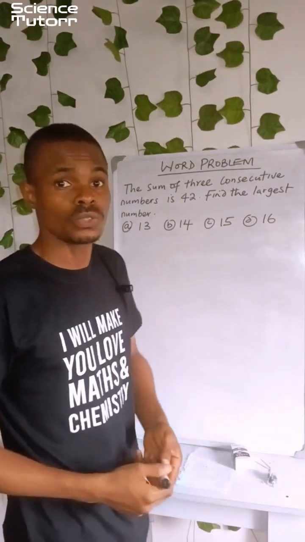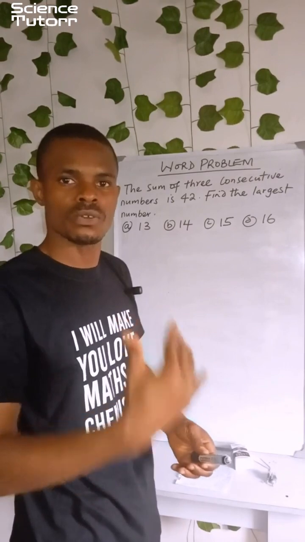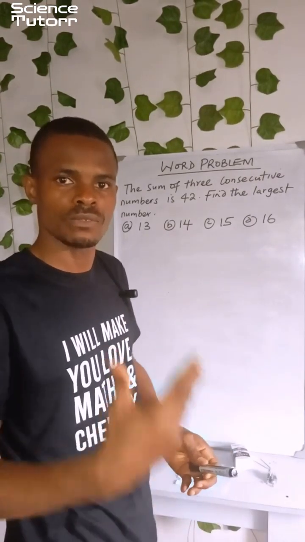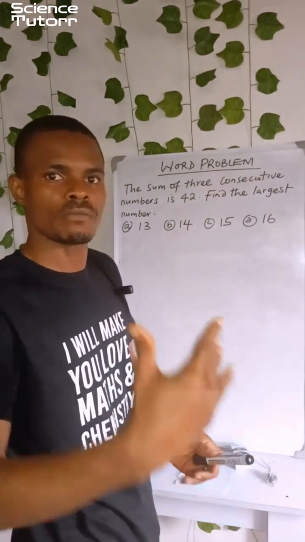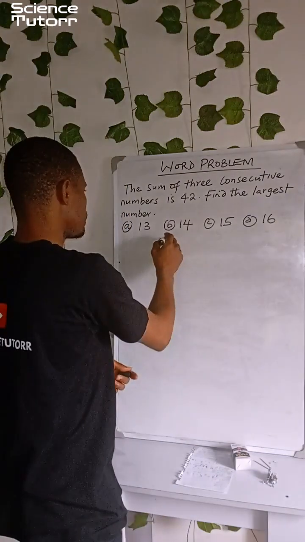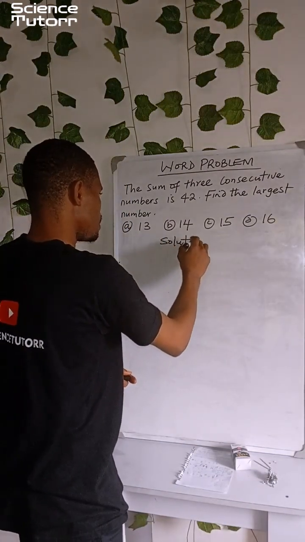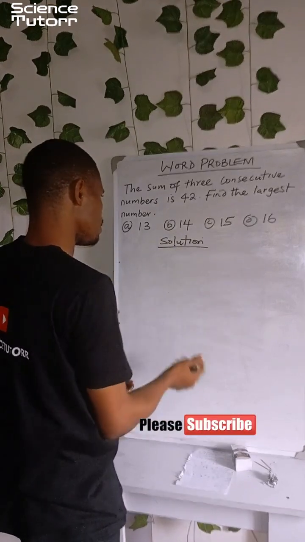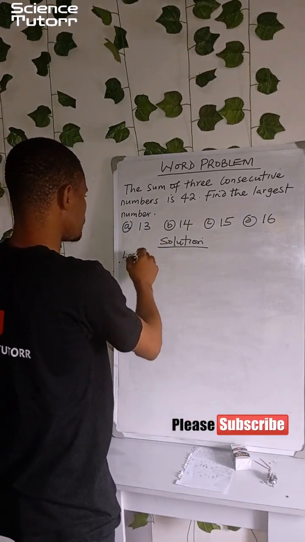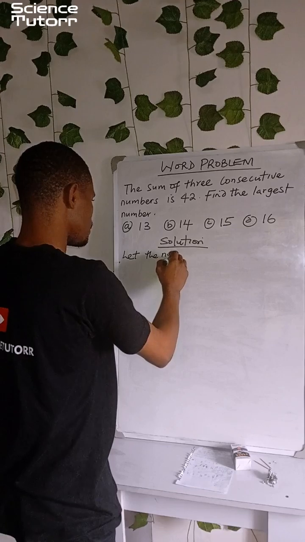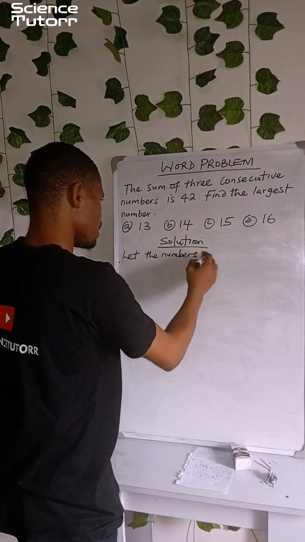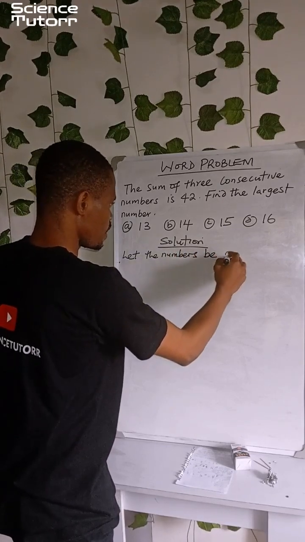I can decide to use any letter. Now, since they are consecutive numbers, it means one number after a time. So a simple way of solving a problem like this: let the numbers be x.